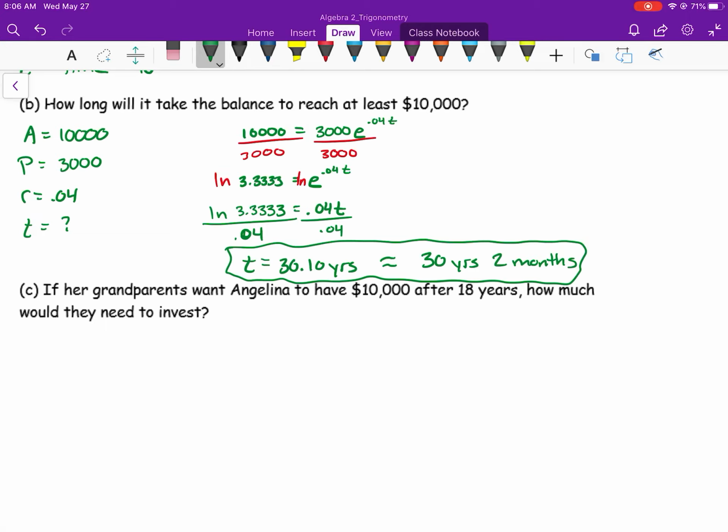So if her grandparents want her to have $10,000 after 18 years, how much should they invest? So our principal is the unknown here. So we want 10,000. We don't know our principal. We know our rate is still 4% and time is 18 years.